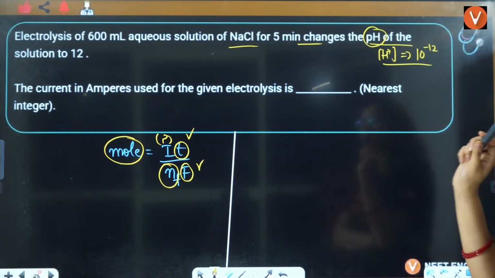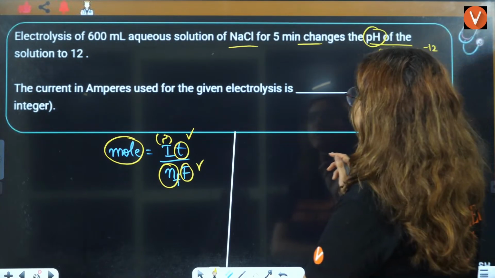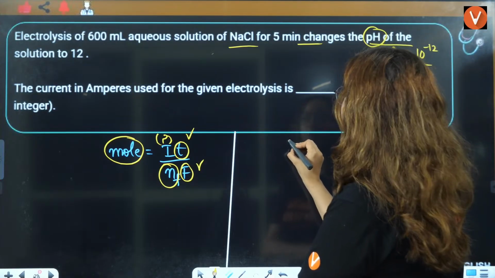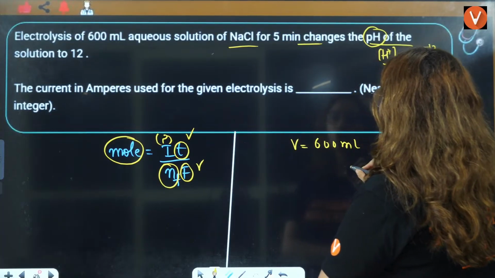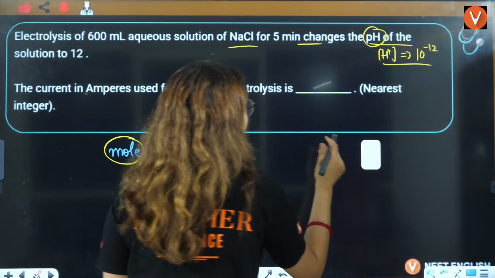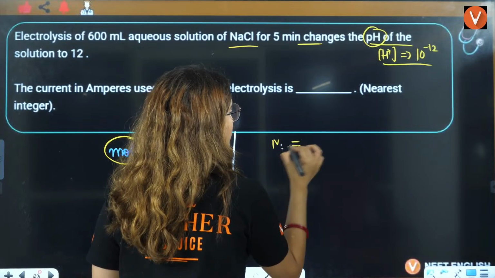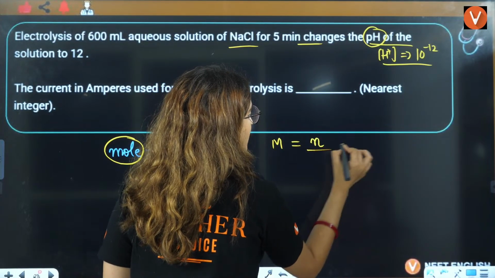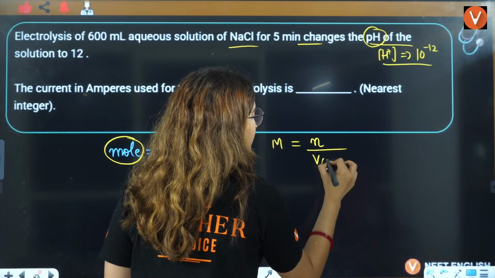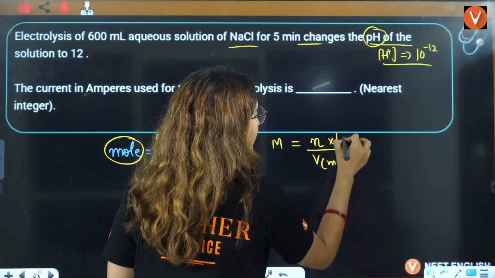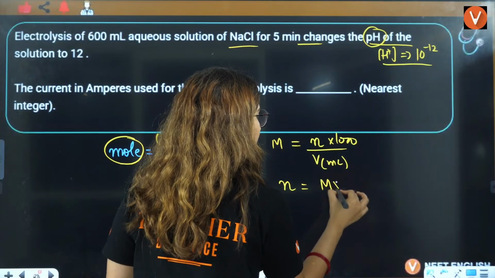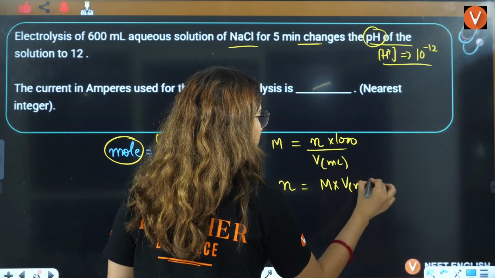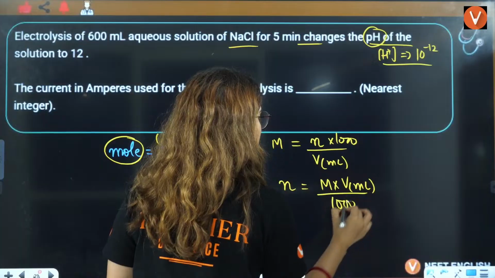Okay. Now, volume is given to be 600 milliliters, right? So can I say that molarity is equals to number of moles divided by volume in milliliter, multiplied by 1000. So number of moles will be molarity into volume in milliliter divided by 1000.